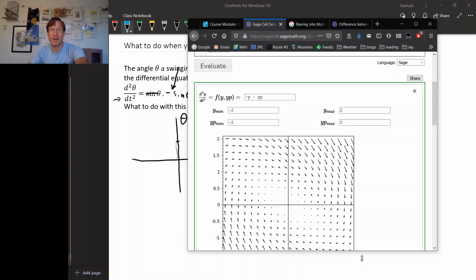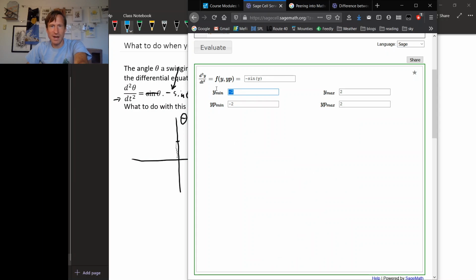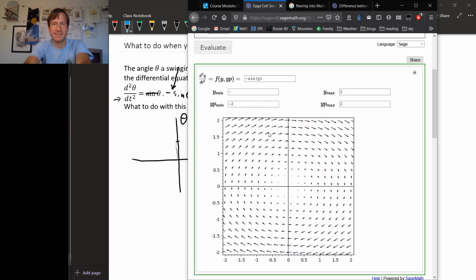Here I have Sage Math set up to draw some phase planes for us. If we make the right-hand side of our differential equation minus sine of y, I have to use y instead of theta because that's just the way it's set up. And in the y direction, let's go from minus 10 to plus 10 maybe.